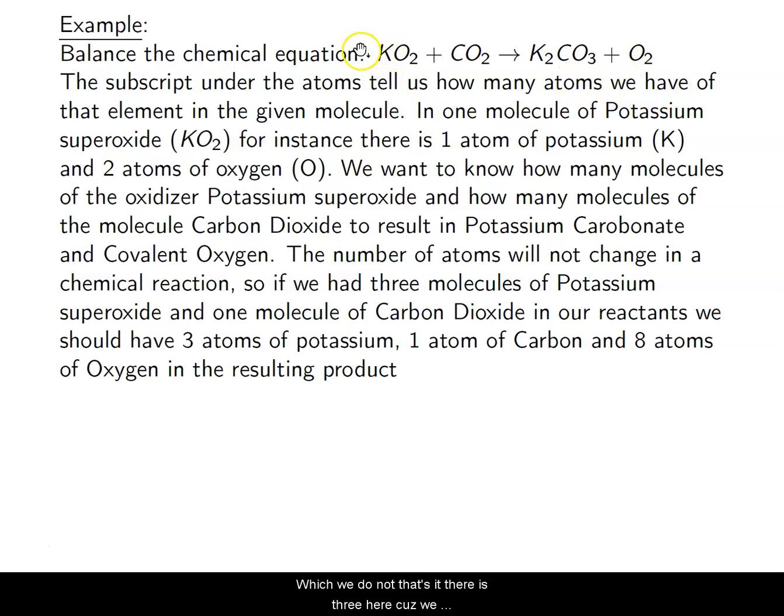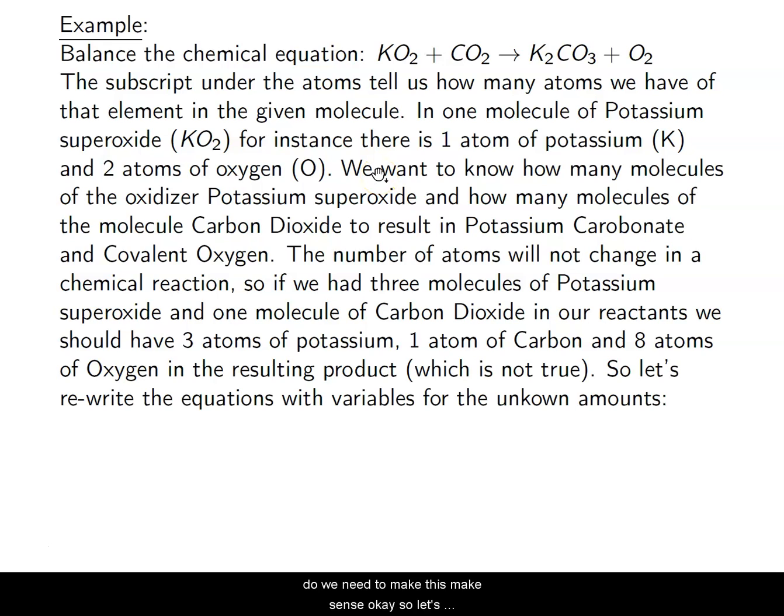Okay, that's if there was 3 here, because we have 3 times 2 is 6, plus 2 more would be 8, and there's 5 here, and there's only 2 here. Okay, so again, this is just a completely different example of how many of each molecule do we need to make this make sense.